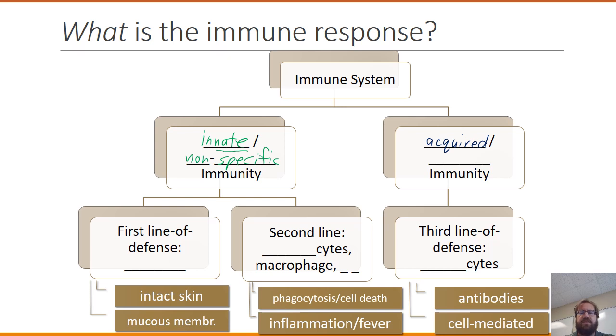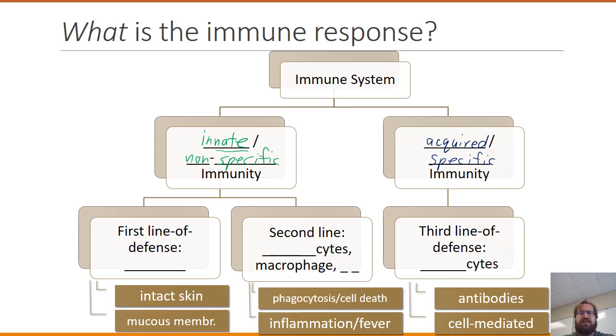Acquired immunity, on the other hand, has the ability to adapt to certain specific pathogens, and so this is also known as your specific immunity. It's also sometimes called your adaptive immunity because it changes its response over time depending on what it's exposed to.